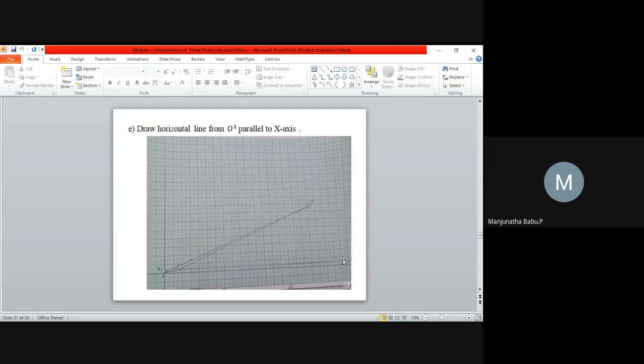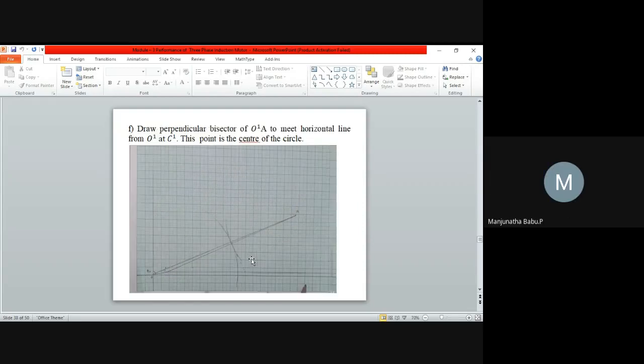Finished drawing the horizontal line? Yes, sir. Next, the value of O dash A is 18.4. If you divide by 2, you'll get 9.2. Right? Yes, sir. So mark the middle point here.